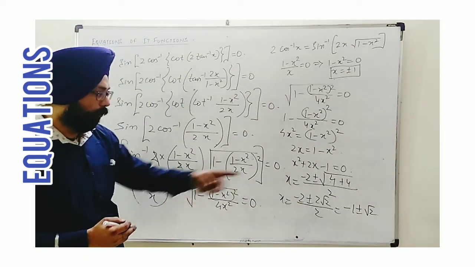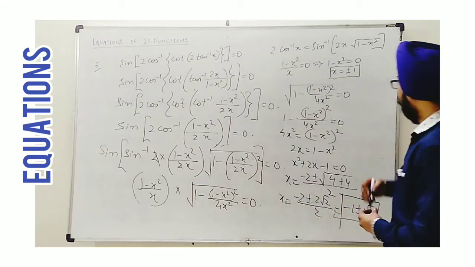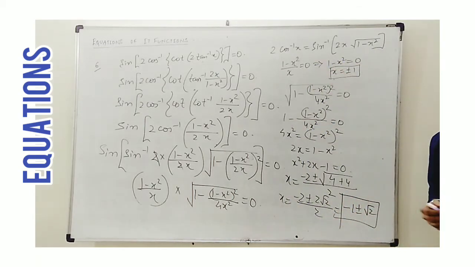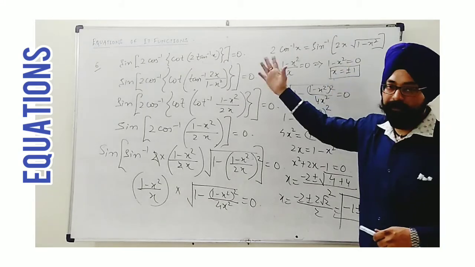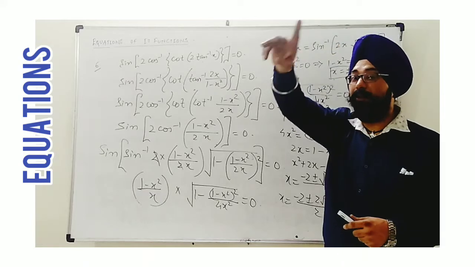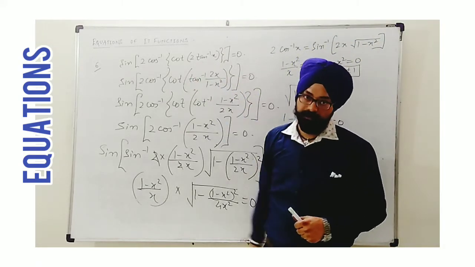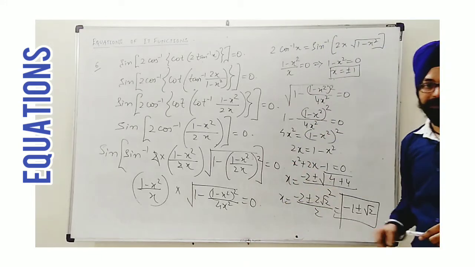So here we get two more solutions. So finally we have 2 here and 2 here, total 4 solutions for the given equation. So this is a completely different pattern of equations. Whenever such a thing is given, only one thing, as I said in the beginning, keep in mind, we need to start from the core function, the innermost. Now let's see the next patterns of equations.